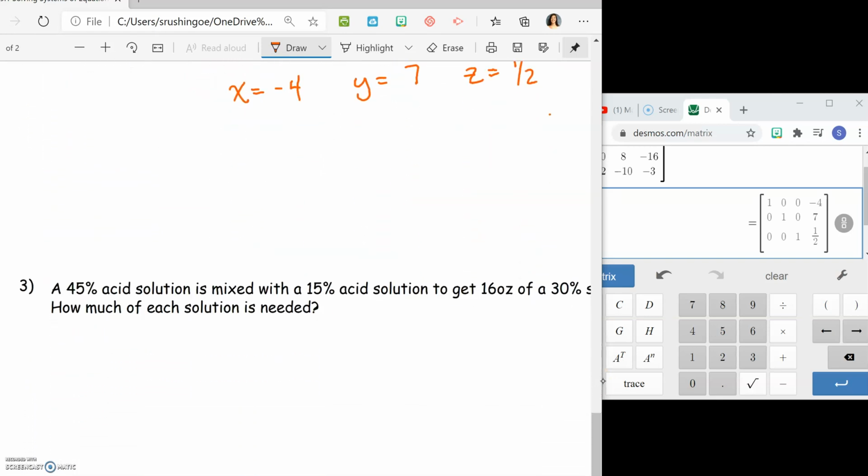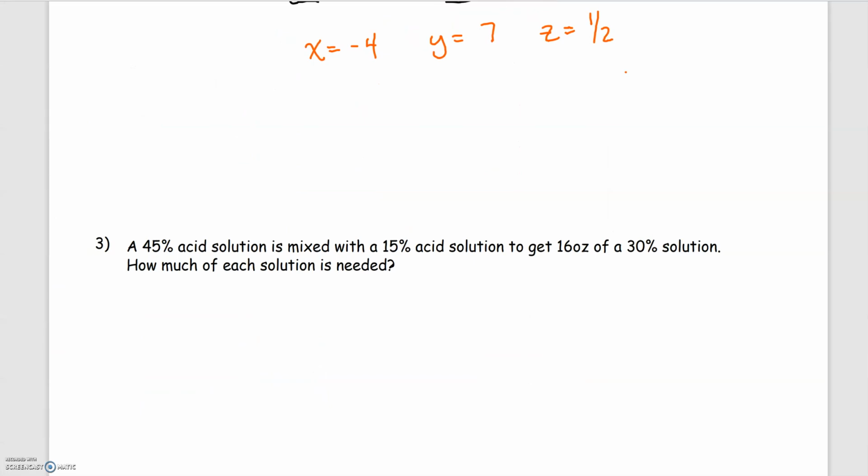All right, so what happens if a 45% acid solution is mixed with a 15% acid solution to get 16 ounces of a 30% solution? So the question is, how much of each solution is needed? So let's have x equal the amount of our 45% and y equal the amount of our 15%.